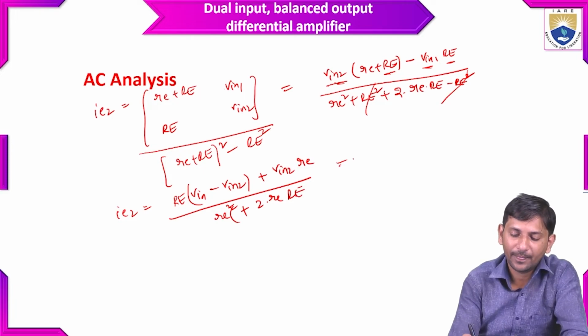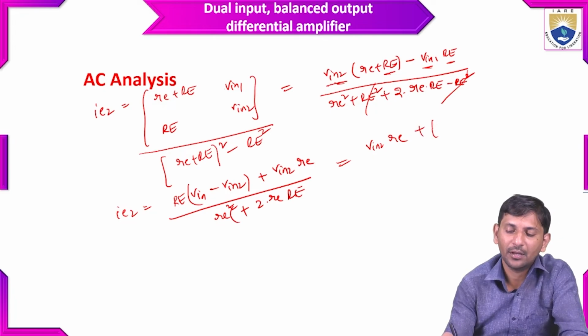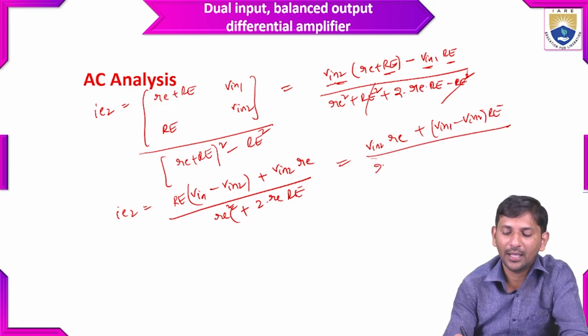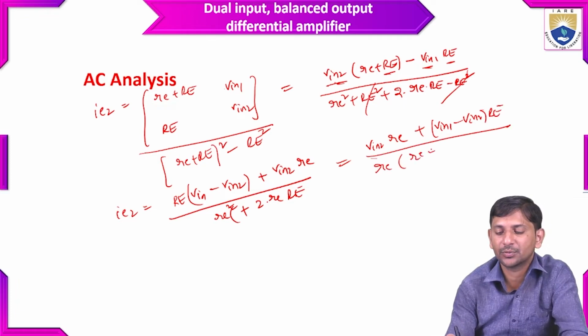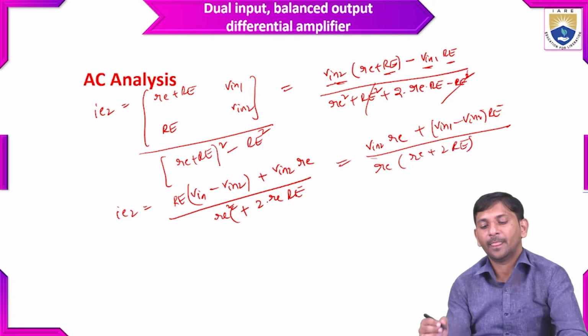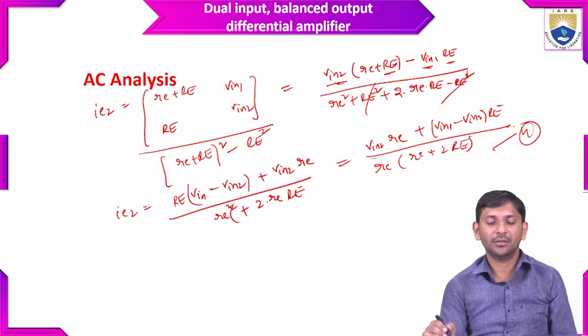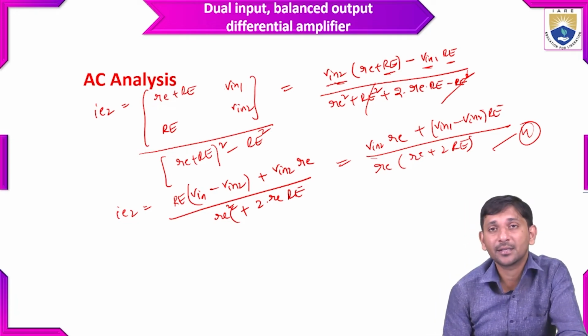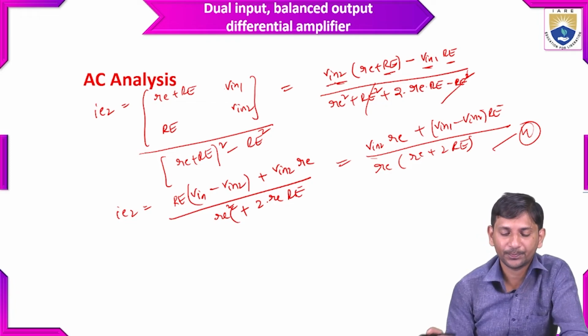So similarly, it gives Vin2 into RE plus (Vin1 minus Vin2) into RE, whole divided by RE, taking common, RE plus 2 RE. So this is the fourth expression of your emitter current across the second transistor, which is Q2.